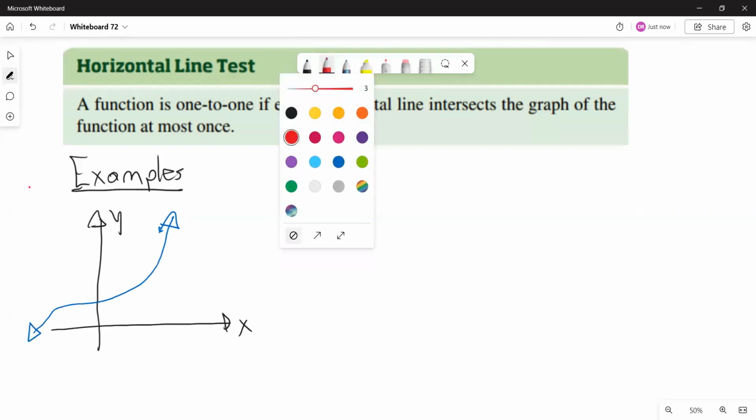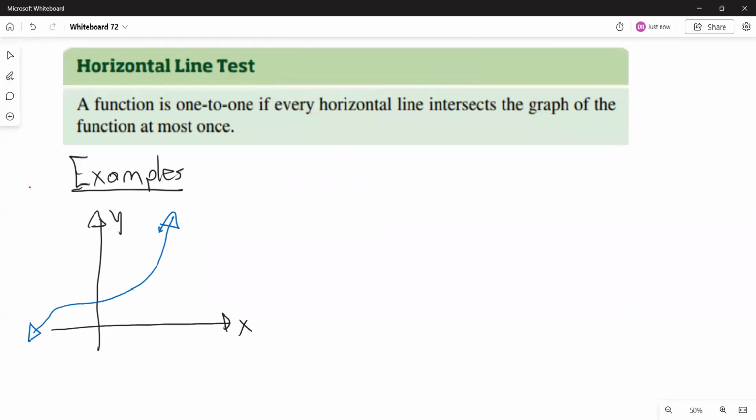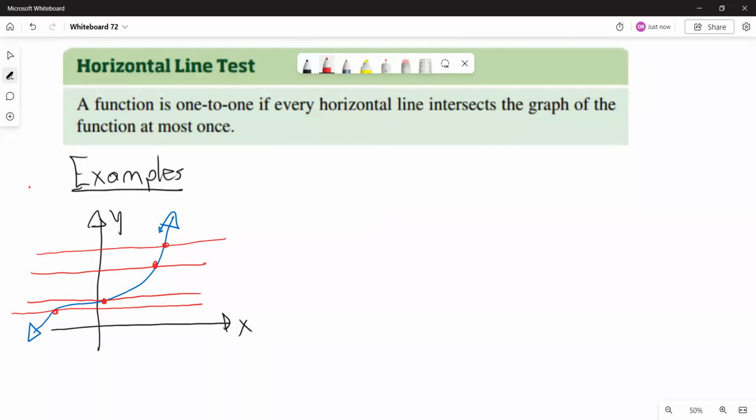If you use the horizontal line test, you can see that every horizontal line crosses the graph at most once. So this function is one-to-one.